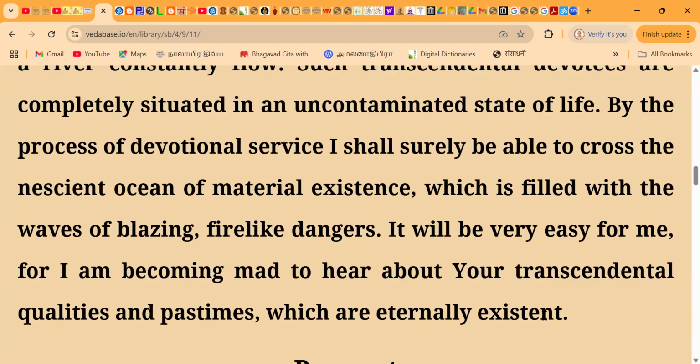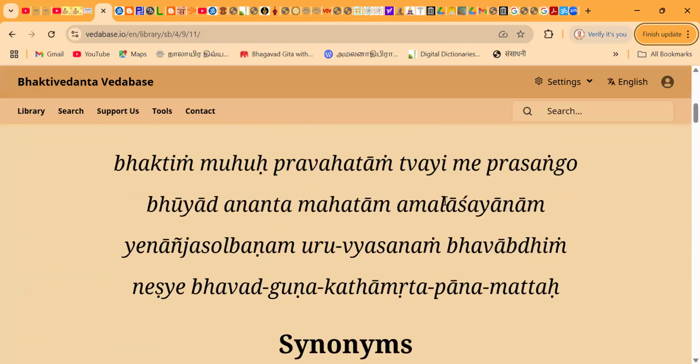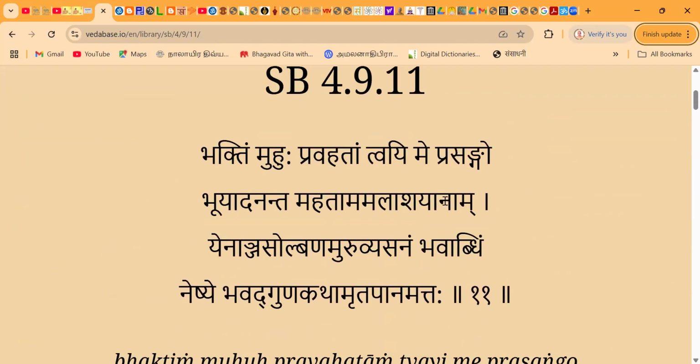So, we will discuss this shloka in more detail next time, but I'll just go through the translation. Bhaktim muhu pravahatam tvayi me prasango, bhuyad ananta mahatam amalashayanam. Ananta is addressing the Lord, O unlimited Lord.